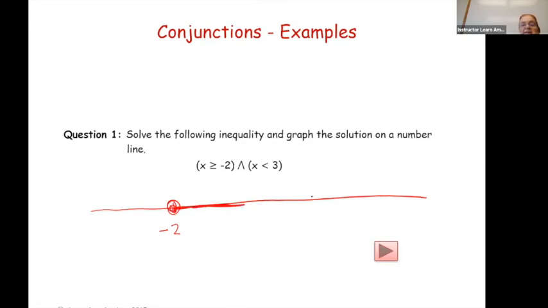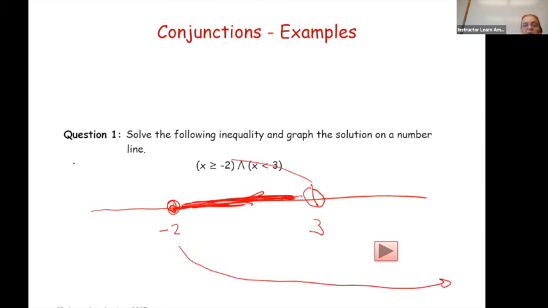If x is less than 3, it's not going to include the 3, but it's going to move to the left. So actually only the part where the two overlap, because this would go on forever this way and this would go on forever that way. But if it's the conjunction, it's the intersection, then it can only be the parts where they overlap.